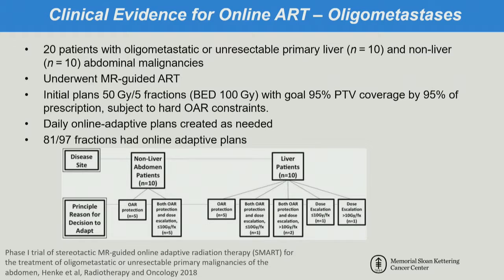This was done with MR-guided adaptive radiotherapy, 50 grays in 5 fractions, and they did daily online adaptation when needed. What they observed is that in 21 out of 97 fractions, they did adaptation. And the main reason for that was really to protect the organs at risk, or to be able to escalate the dose for better coverage of the PTV.